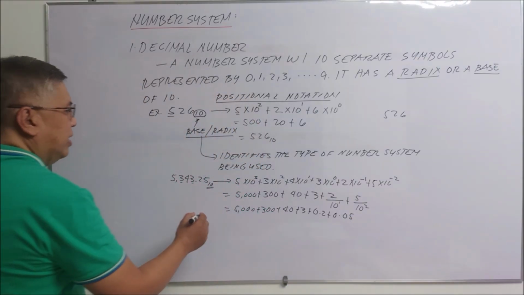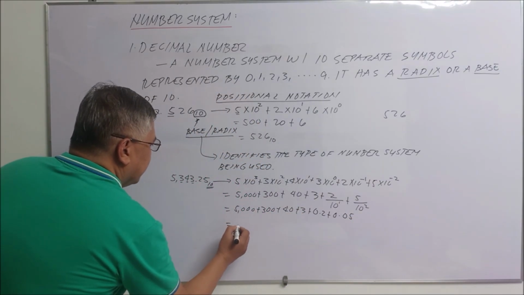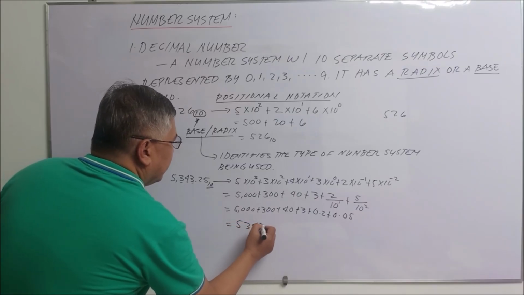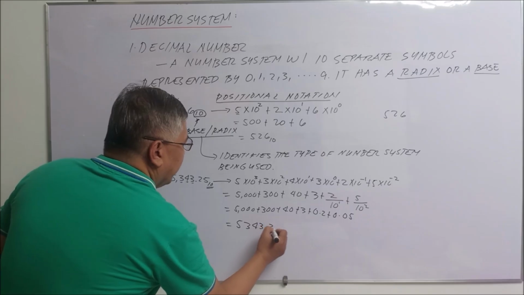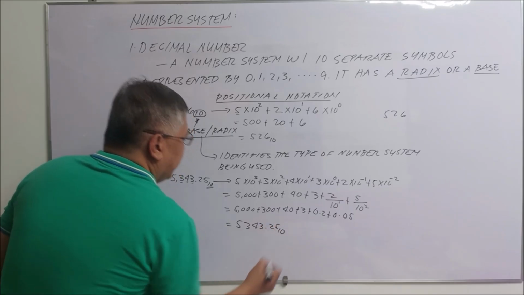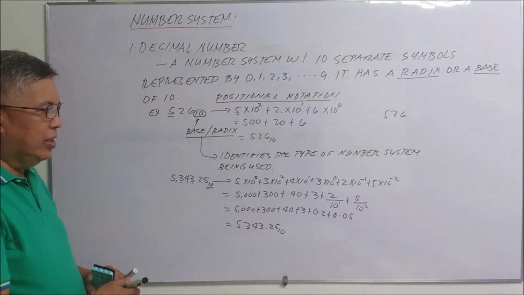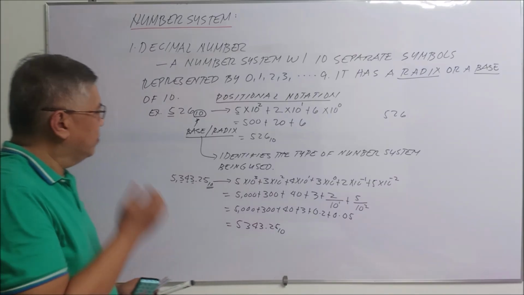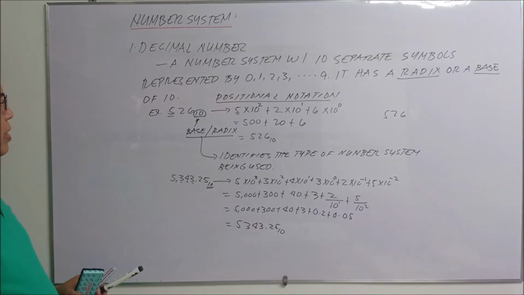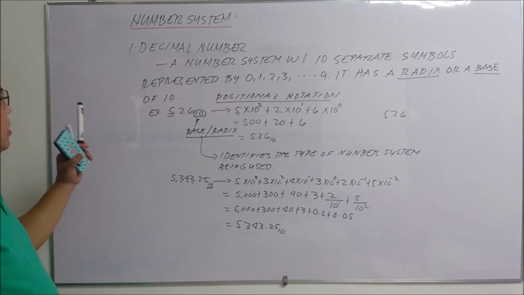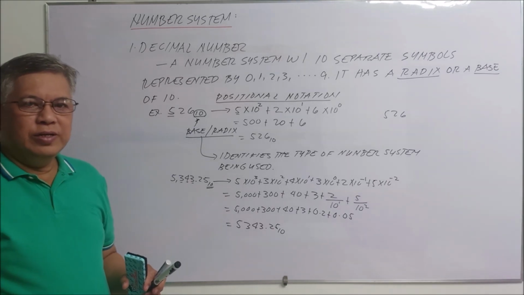If we add all the numbers, you will have 5,343.25 of base 10. Okay? So that is how the positional notation is used. So that is the decimal number system.